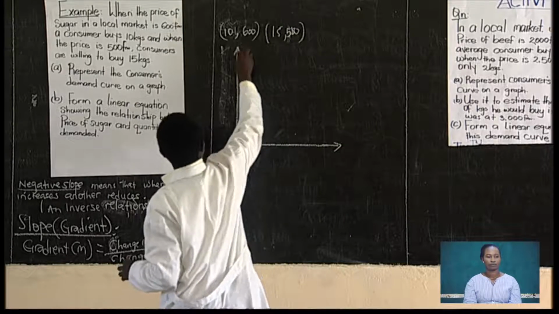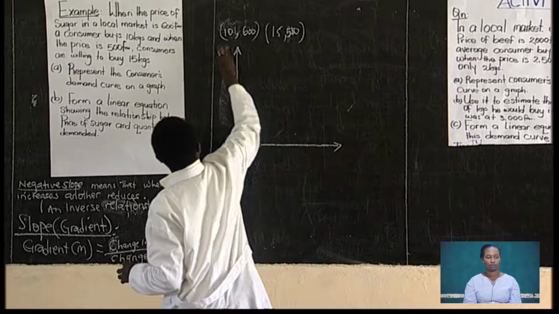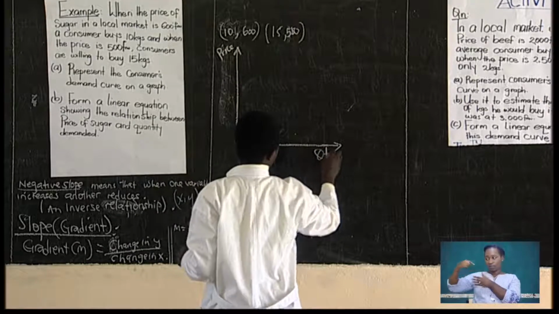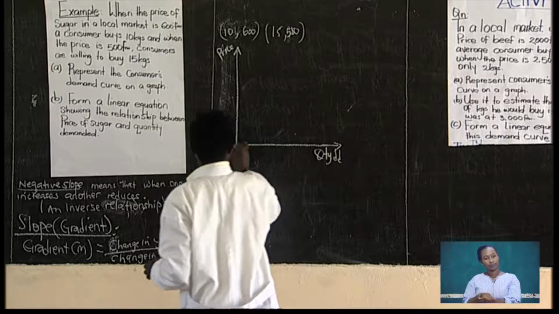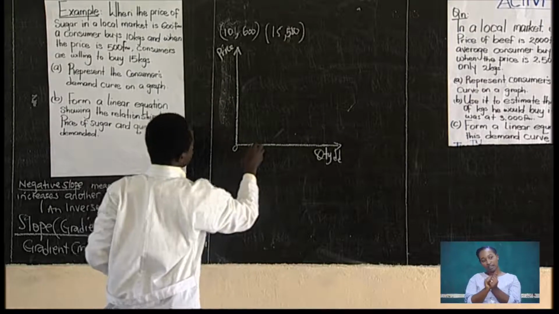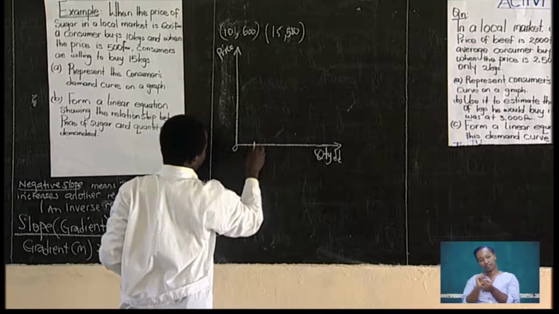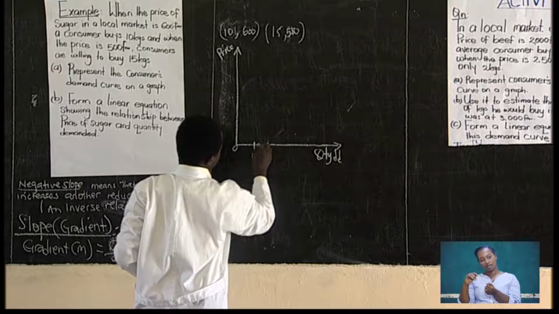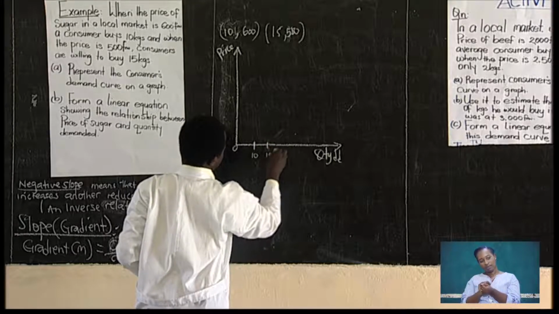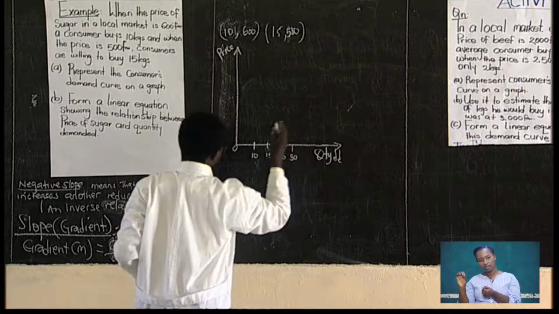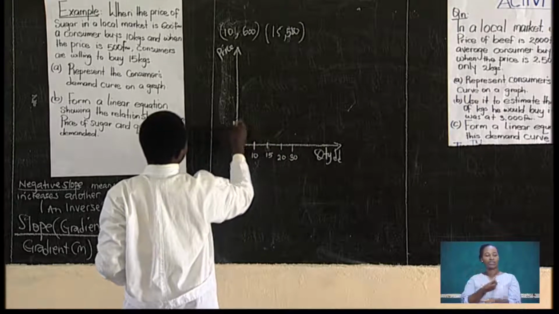So let's try to sketch. Remember here we have price on the y-axis, and quantity demanded on the x-axis. This is 0. Our quantities are 10 or 15, so we can have 10, 15, 20, 30 if you want. Then the prices, we have 500.